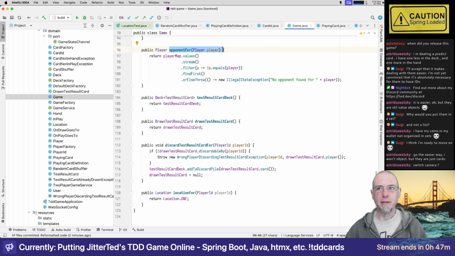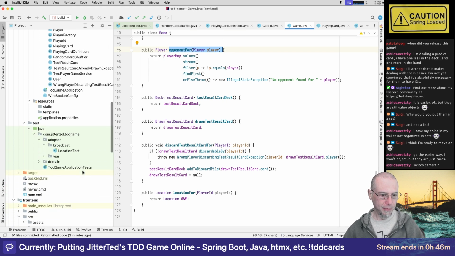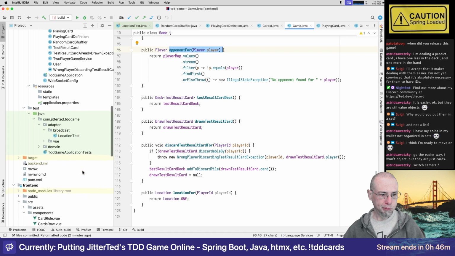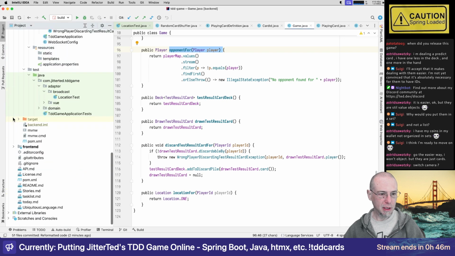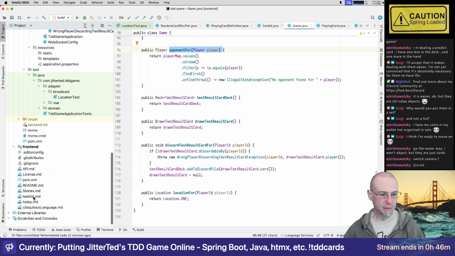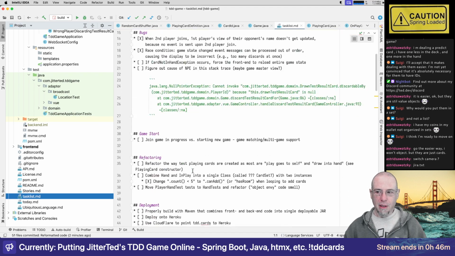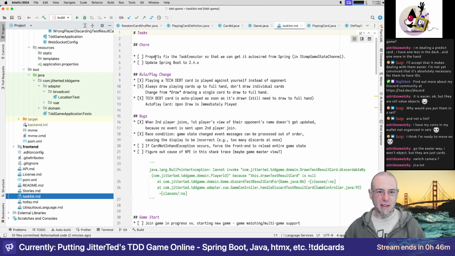So let's start making a sort of punch list, as it were. Let's close this. This task list is pretty out of date, so I'm going to rename this one.